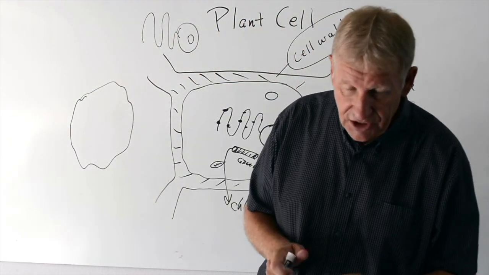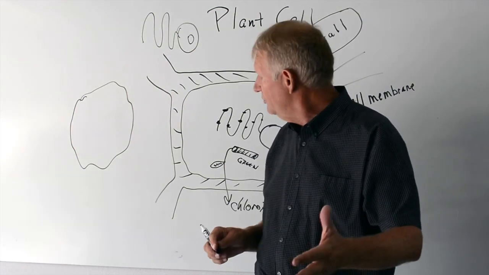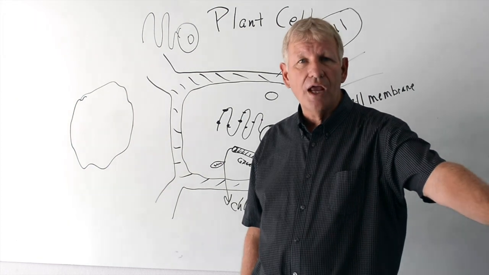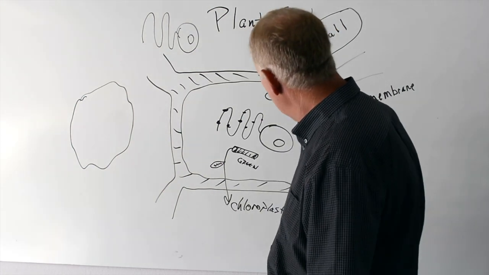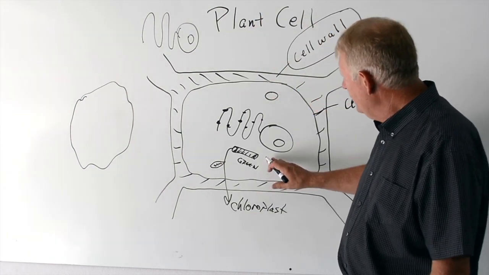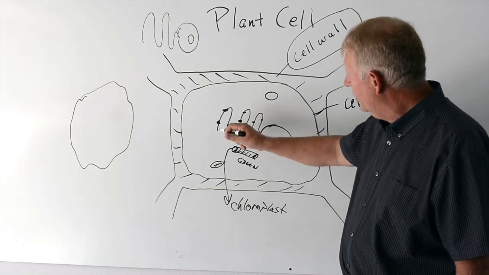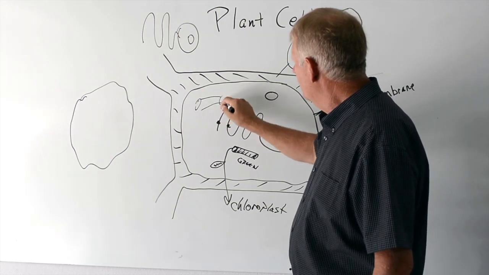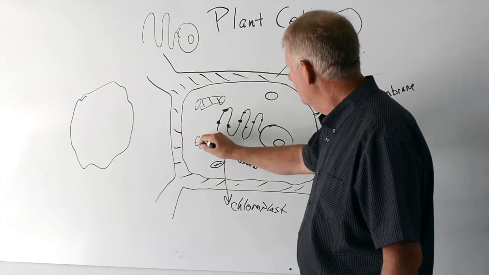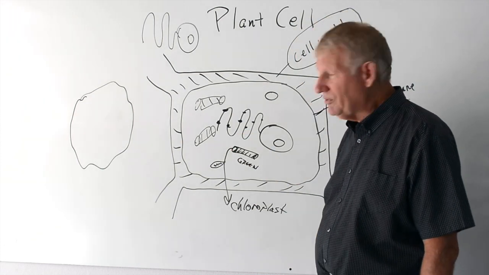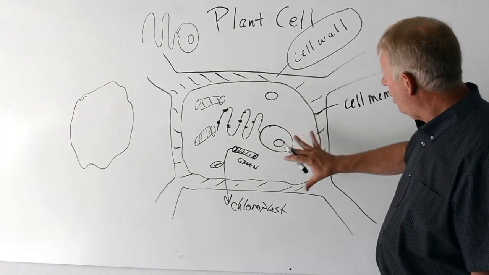Remember in photosynthesis, which we covered earlier because it was so important, that in the presence of light, it made the glucose and made the oxygen. So these chloroplasts that are located throughout the cell cause that plant to be green.